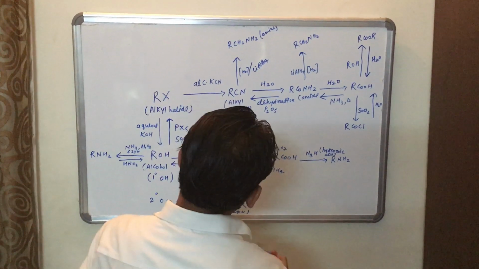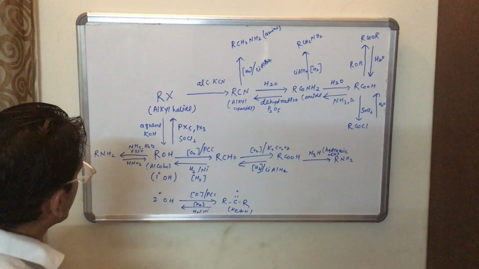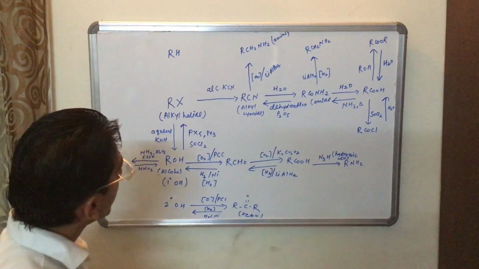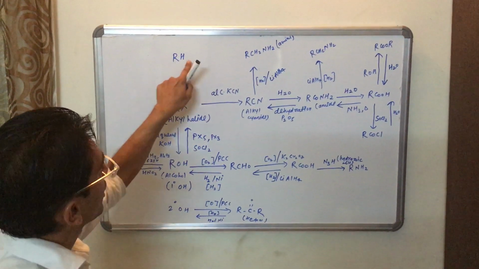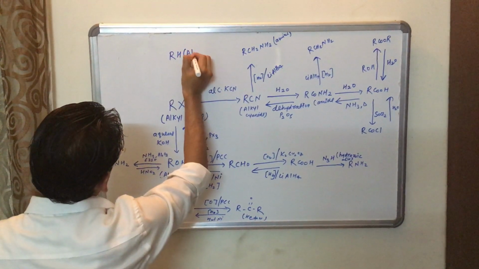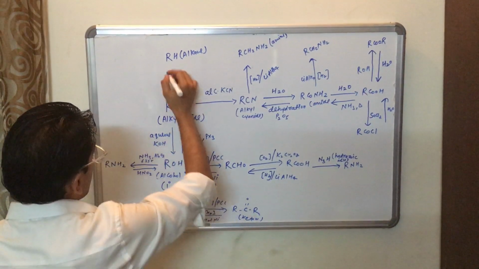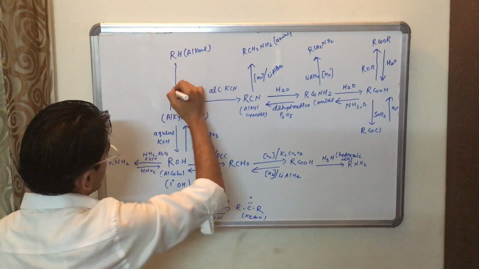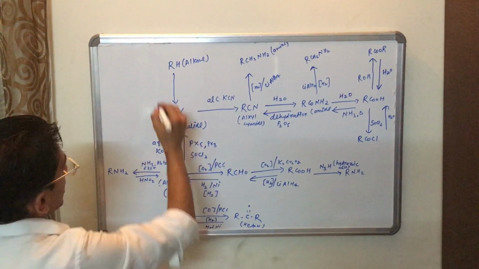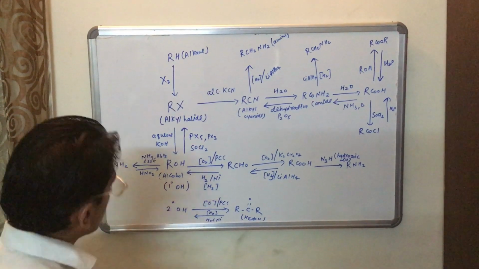Now I have RX, and if I want to obtain alkane, this is the alkane RH. R is alkyl group, H is hydrogen, totally known as alkane. This is the single bonded compound. So from RH to RX, if I want to obtain alkyl halides from alkane, then I have to do halogenation.